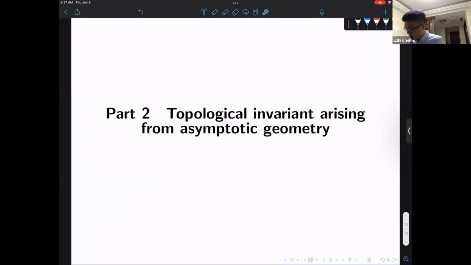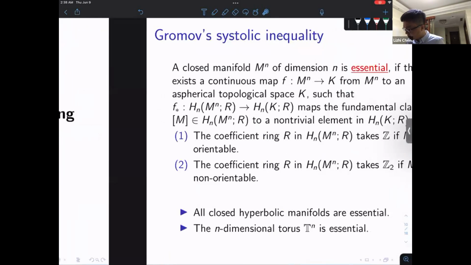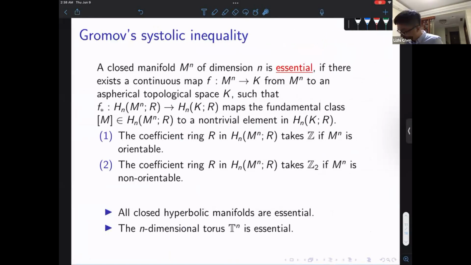Now I go to the second part of my talk. I want to introduce one topological invariant from geometric inequality. Before I introduce Gromov's systolic inequality, I want to give the definition of essential manifolds.